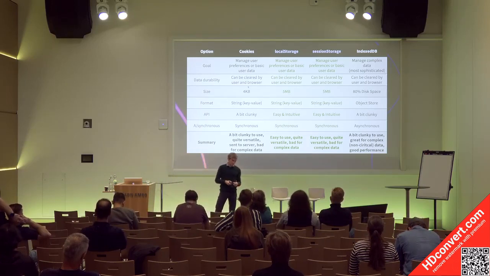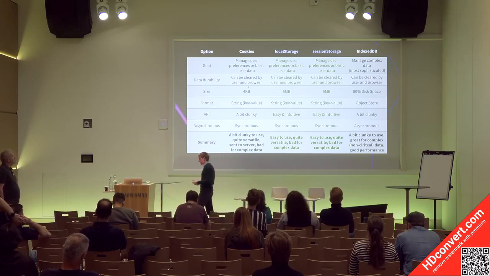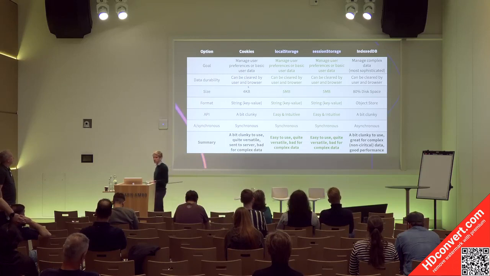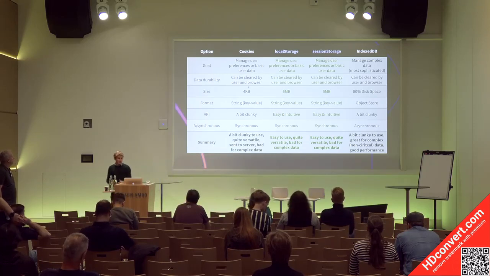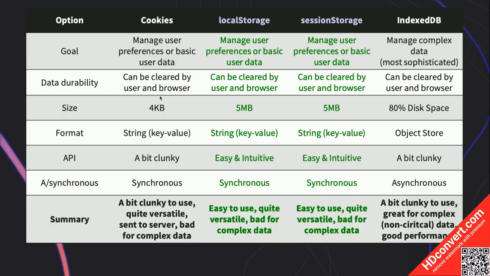IndexedDB has a bit more stuff. Important, the user can clear and edit this, so no important data or data you rely on. Size is different, from cookies, which are the smallest, to IndexedDB, which can be very, very large. Format, the first 3 are strings in a key value format, then an object store for IndexedDB.